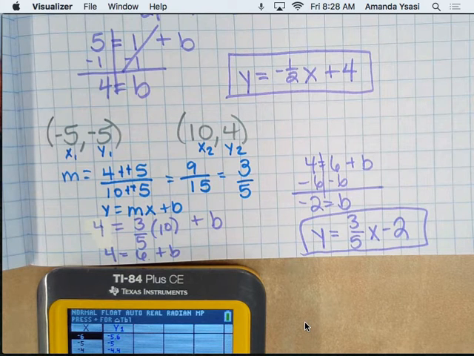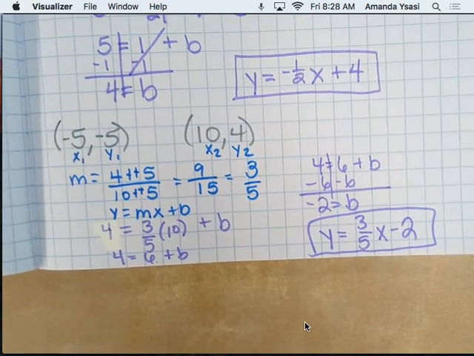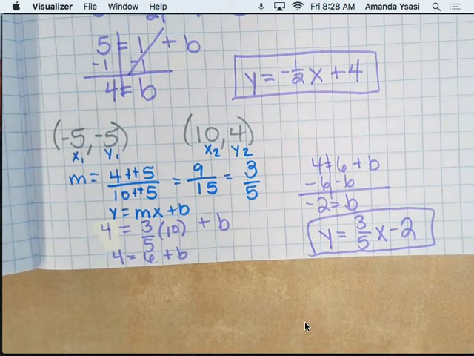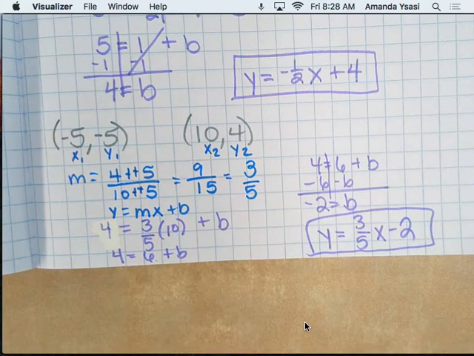Because I got 9/15. No, it's 3/5. I got it right. I just didn't simplify it. Oh, okay. 9/15 is the correct answer for slope, but we want to reduce it. I only reduced it whenever I was working it out but I didn't reduce it whenever I wrote it. Okay. Yeah, that's fine. Just fix it now.